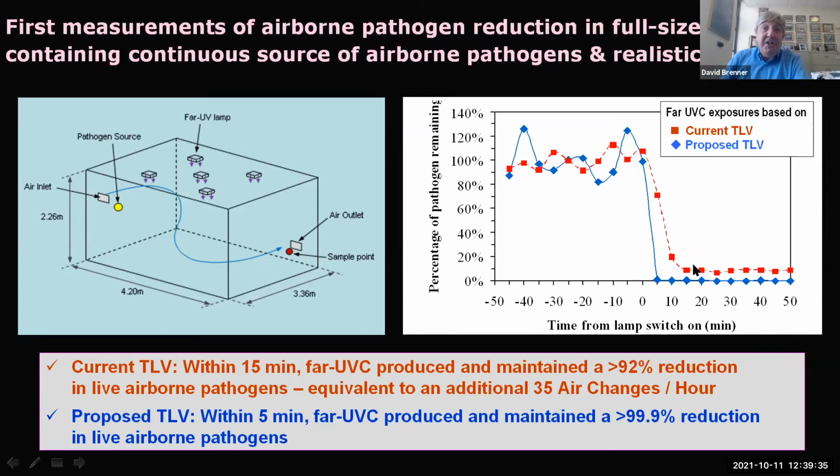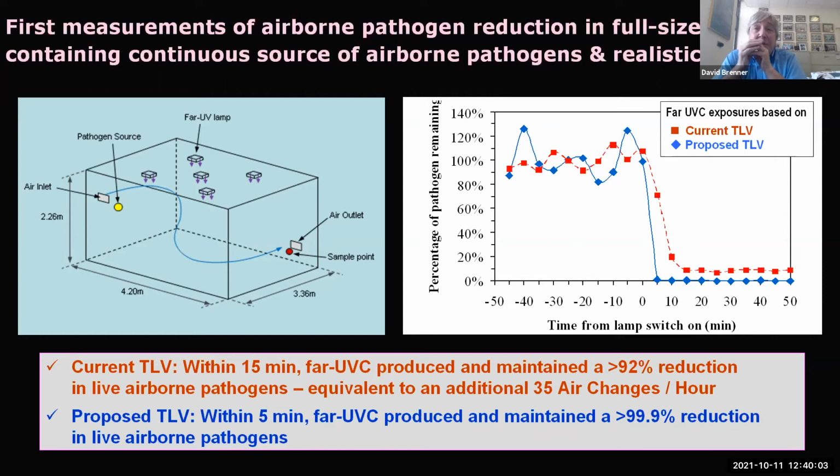So it's very encouraging that it rapidly decreased, and then it maintains that decrease as a function of time. If we use the proposed TLV, what the ACGIH have proposed, you get down to more than 99.9% reduction within a few minutes, and again it maintains that over time. So this is super encouraging.